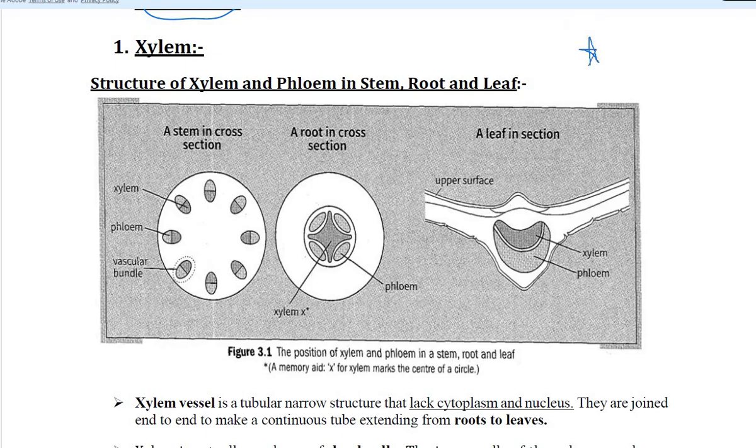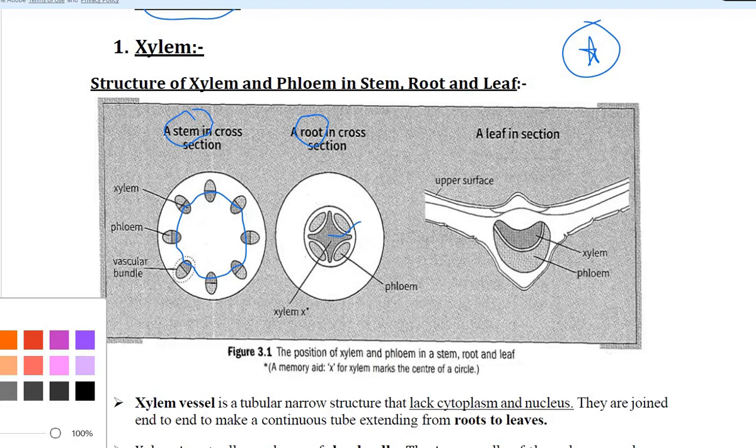This diagram is very important as compared to the syllabus. So first of all, we have to see xylem and phloem vascular bundles in stem. In stem and root, one thing is common: on the inner side, we can see xylem, and on the outer side, phloem.